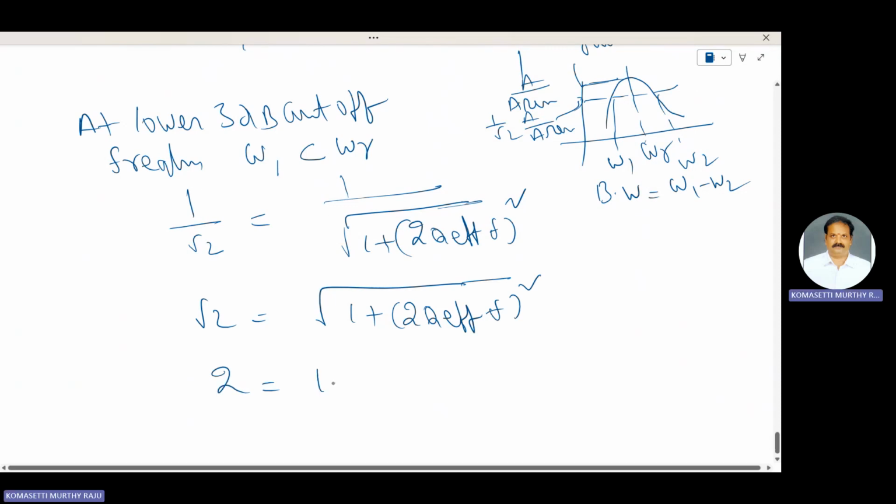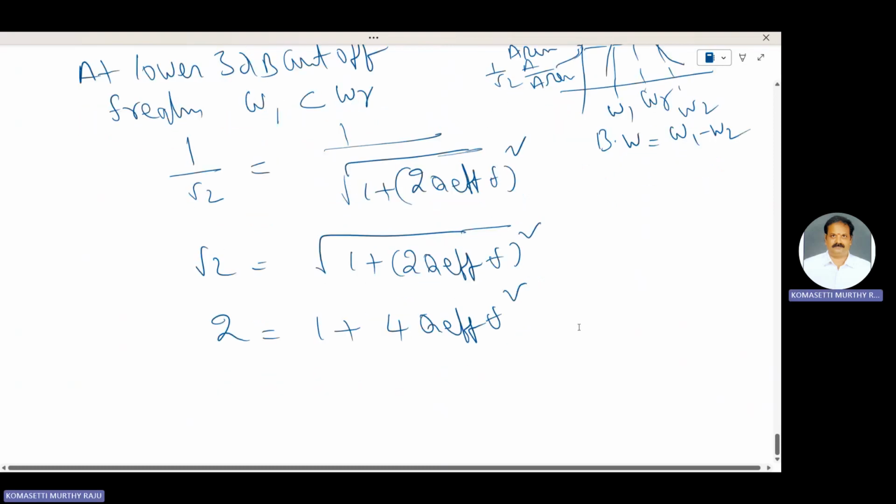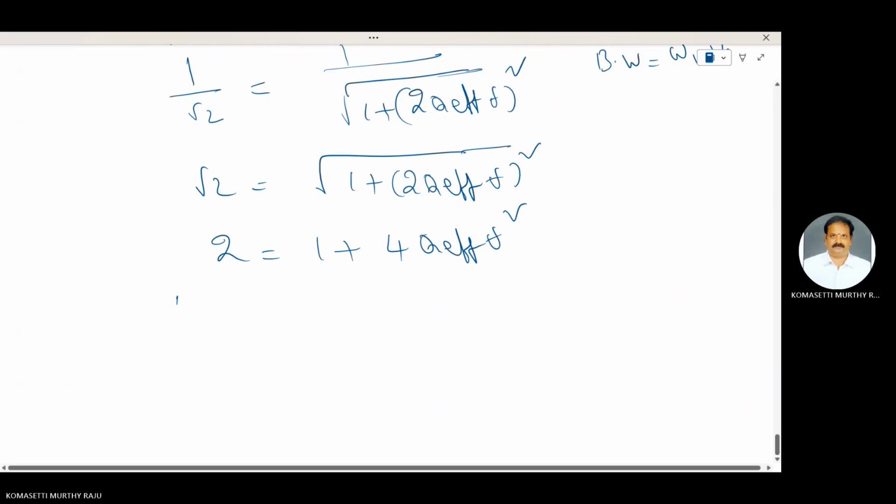2 is equal to 1 plus 4 Q effective delta square. 4 Q effective delta square is equal to 2 minus 1, that is 1.